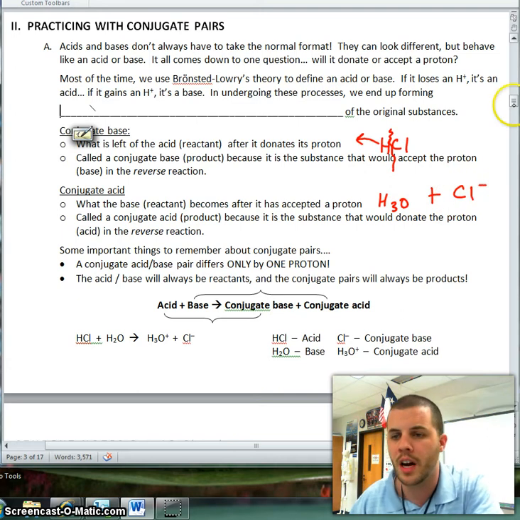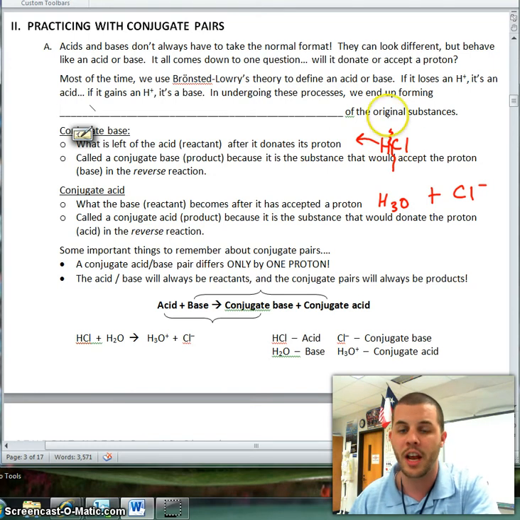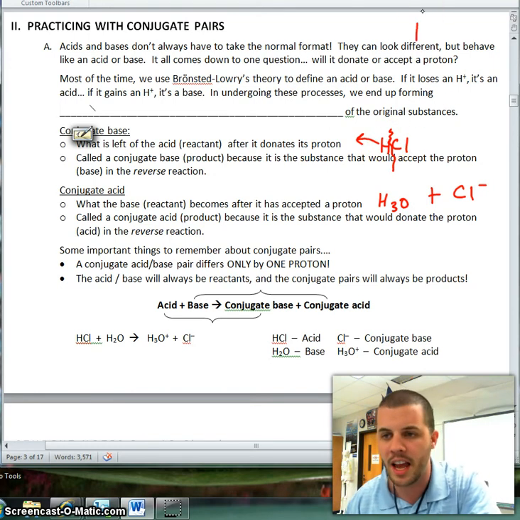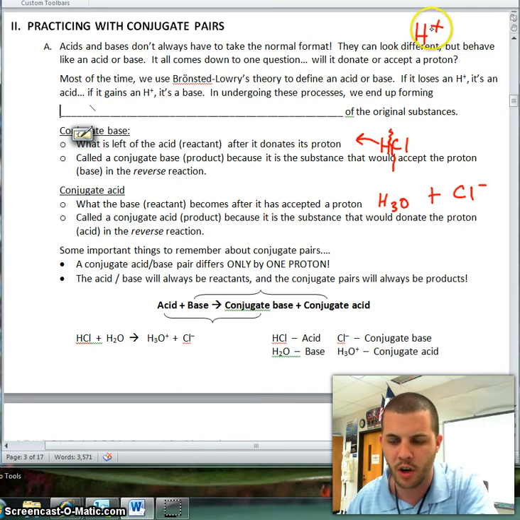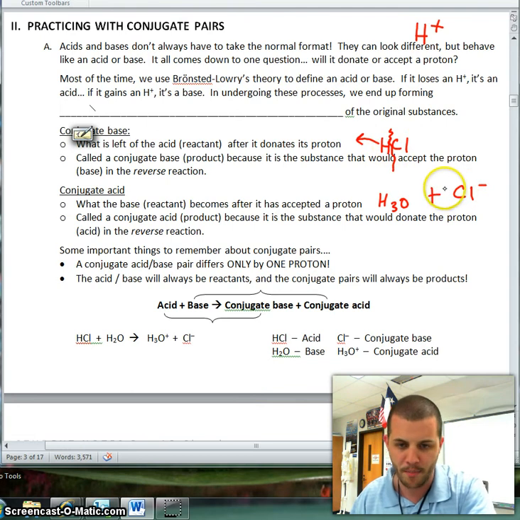Well, the question becomes, what does HCl look like after the H is gone? Remember, it's not just an H. A proton is an H plus. So not only are we losing a hydrogen, we're also losing a positive charge as well. So this is going to be just Cl minus when it's over with. So if HCl is the acid, Cl minus is the conjugate base.